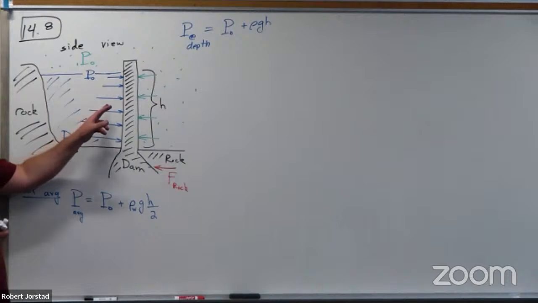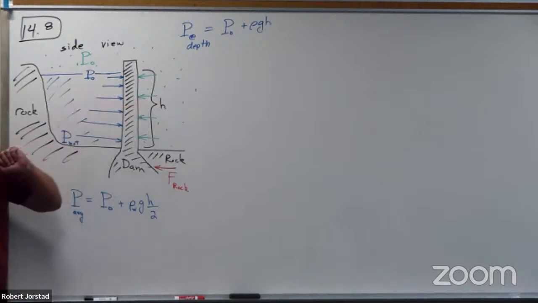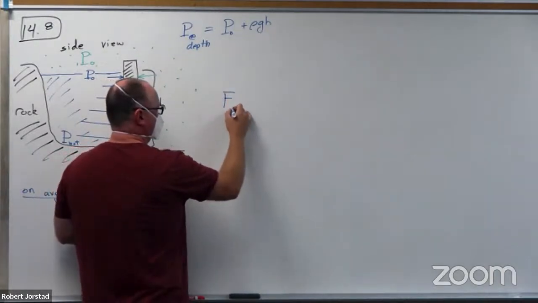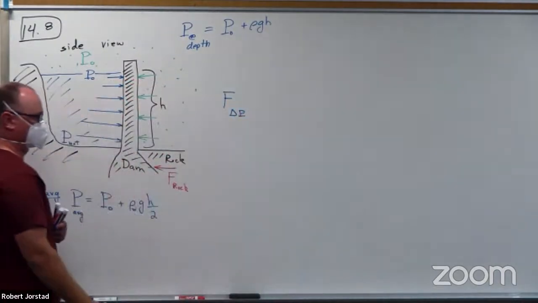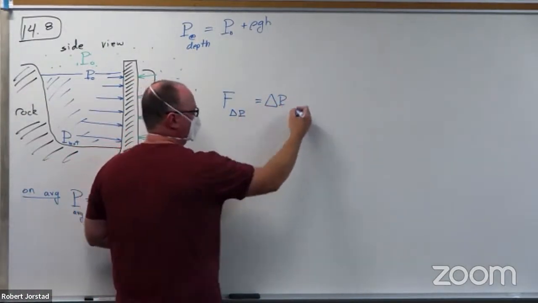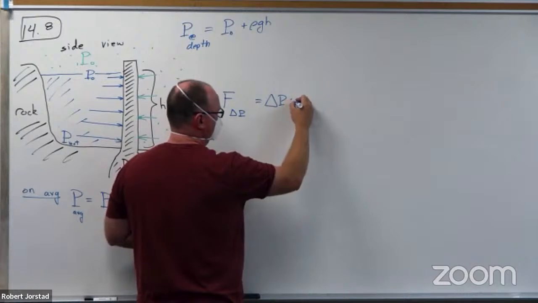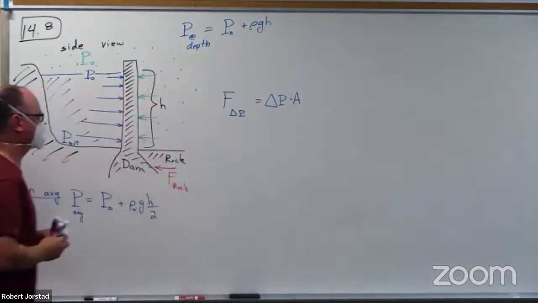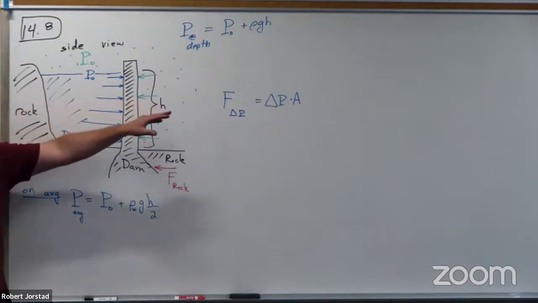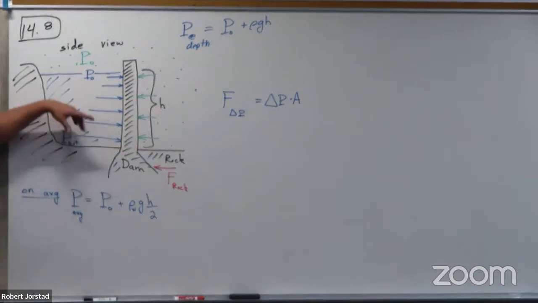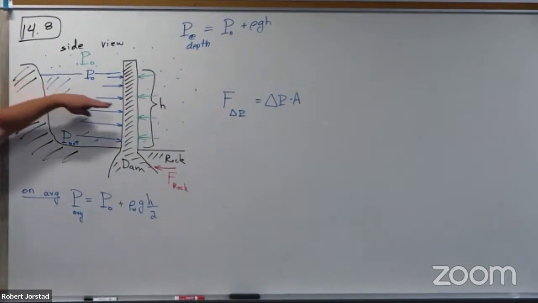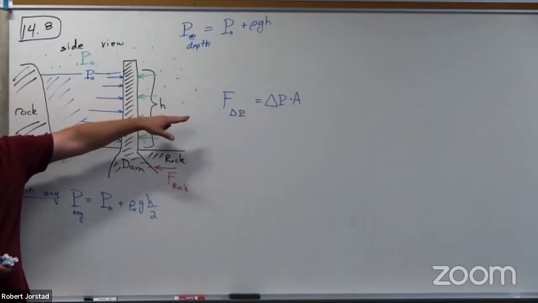Well, whenever I have a pressure difference, I could get a force due to the pressure difference, and that's equal to delta P times the area. And in this case, that force is going to go from high pressure to low pressure. I hope you agree it makes sense that the net force is going to point in the direction of high pressure to low. Is everybody cool with that?